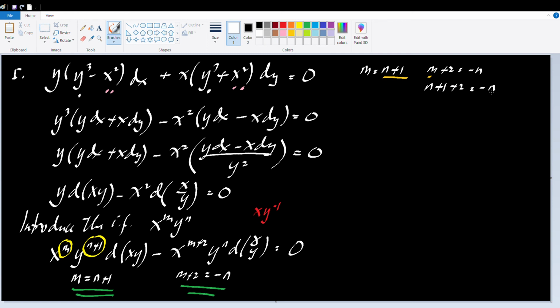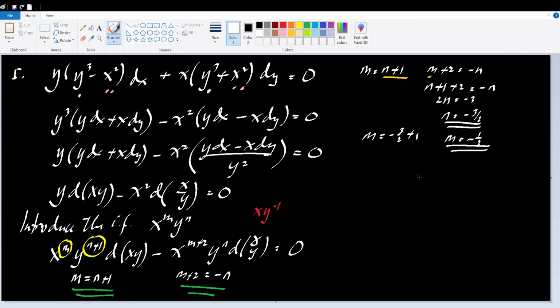Alright? So that will be n plus n is 2n equal to negative 3. Thus, the value of n is negative 3 halves. And for m, it will be negative 3 halves plus 1. Your m is equal to negative 1 half.